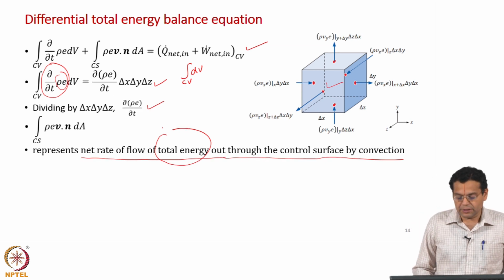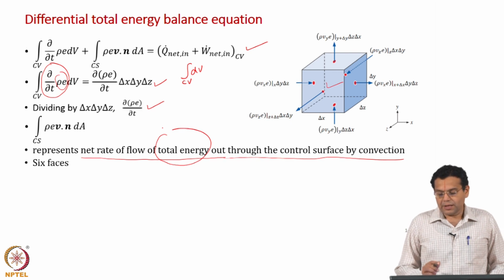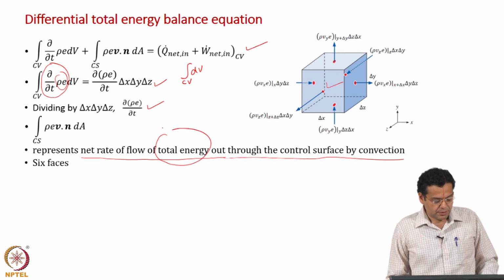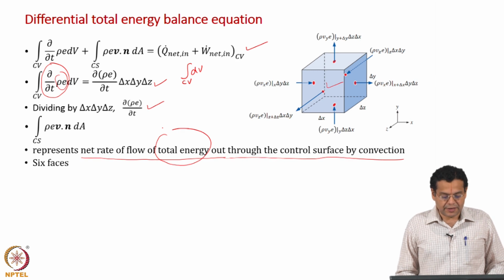What this tells is about the flow of energy, and now let us look at the control volume. The arrows represent the flow of energy entering and leaving through the respective faces. So, we have 6 faces.